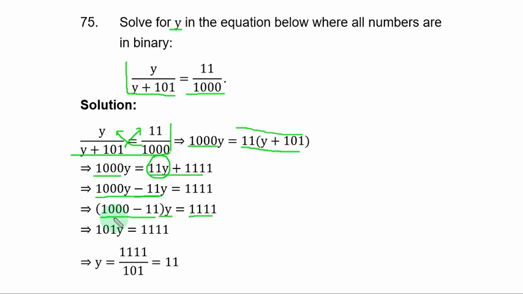When you subtract the bracket, you have 101 multiplied by y equal to 1111. To get y, divide both sides by 101. So y is equal to 1111 divided by 101, and that is 11. That is the value of y, and it is in base 2.